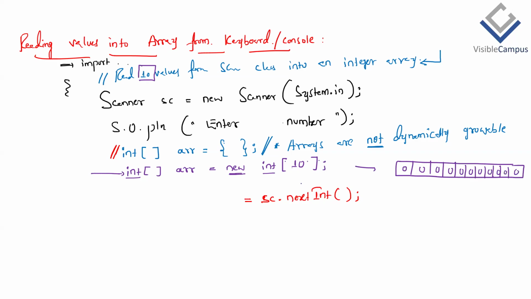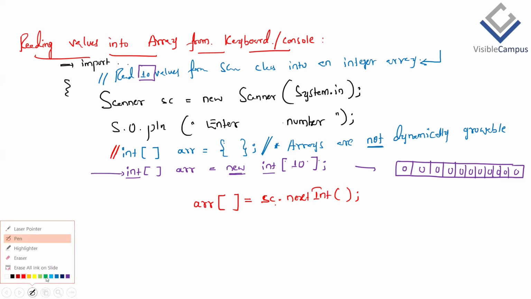So this is the first point. Now we don't want default values like 0; we want programmer-defined values in this array. Then for that, read the value from the Scanner class and assign it to the array name with its index position in square brackets.